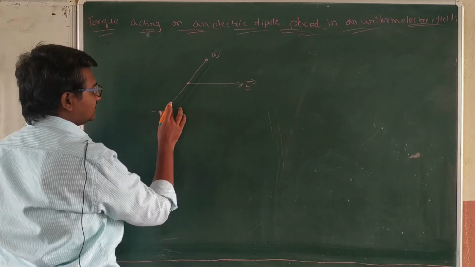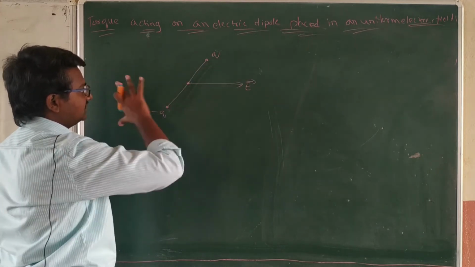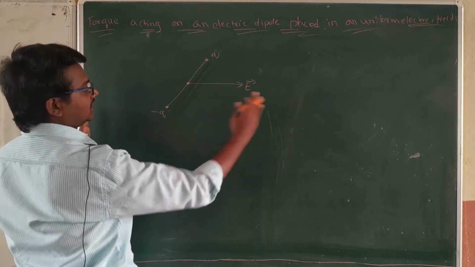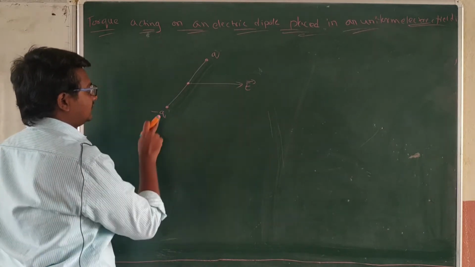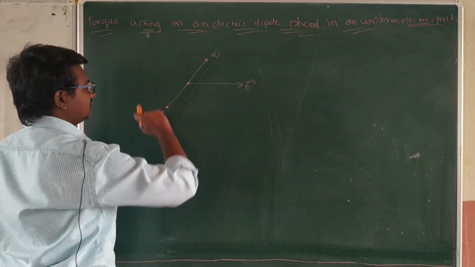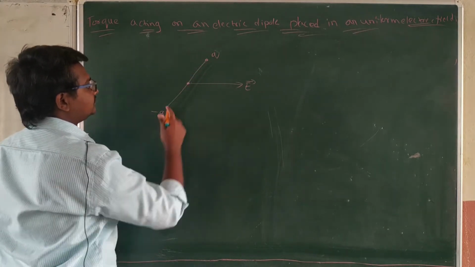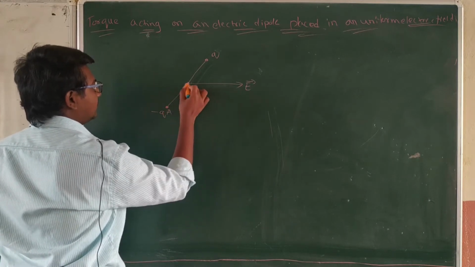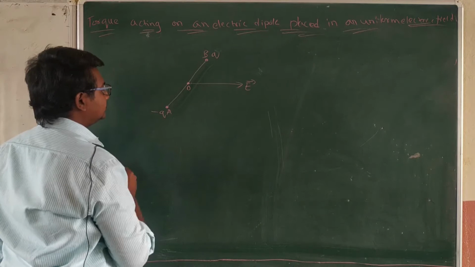E is nothing but the electric field, a uniform electric field in this direction. Everywhere, from left to right, there is electric field. Minus q and plus q are the two charges, and this is a dipole, right? Now, let's mention the points A, O, and B.